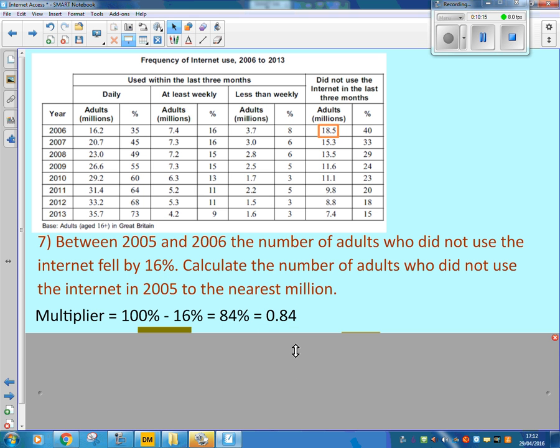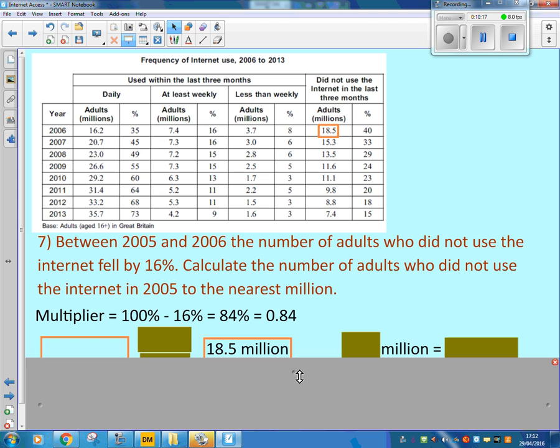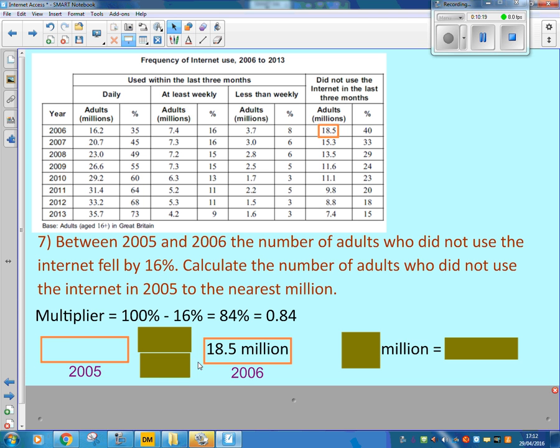Now, the next thing, we need to be really careful now. If we were told the number in 2005, and you wanted the number in 2006, you would multiply by your multiplier. So if we are told this number, you would multiply by 0.84 to get your 18.5 million. But we're working backwards.